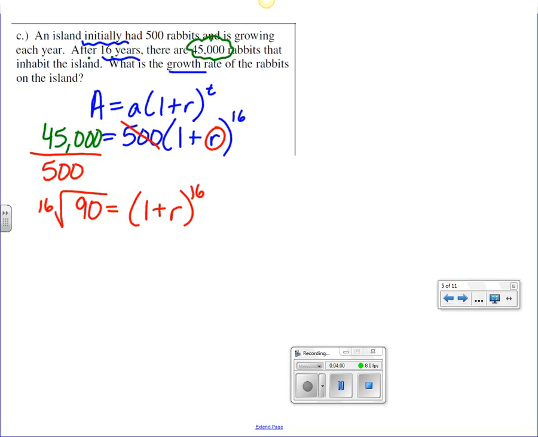You hit math on your calculator, go down to the root, and do the 16th root of 90. That is 1.32. And your last step is to subtract 1. So you get 0.32 equals r. So your rate is actually 32%. That's your final answer. Once again, pause and rewind if you need to.